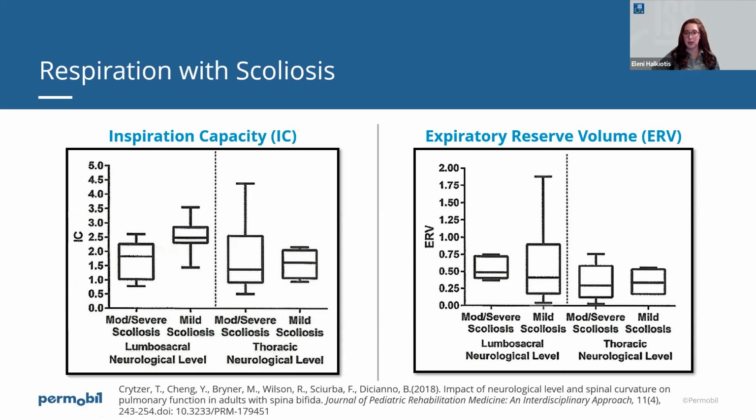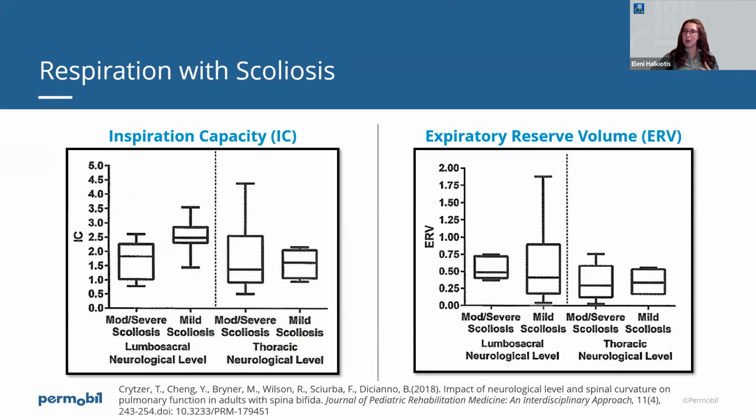And certainly they found that people who had a higher level lesion, like a thoracic level lesion, coupled with a moderate to severe scoliosis, had lower levels for inspiration capacity and expiratory reserve volume, whereas people who had a mild scoliosis and a lumbosacral lesion had really the best performance when it comes to inspiration capacity, but also some restrictions with expiratory reserve volume because they do not have all of their abdominal muscles innervated to really contract and expire that air.